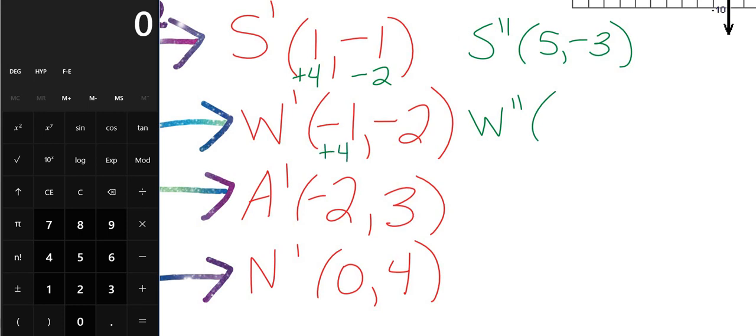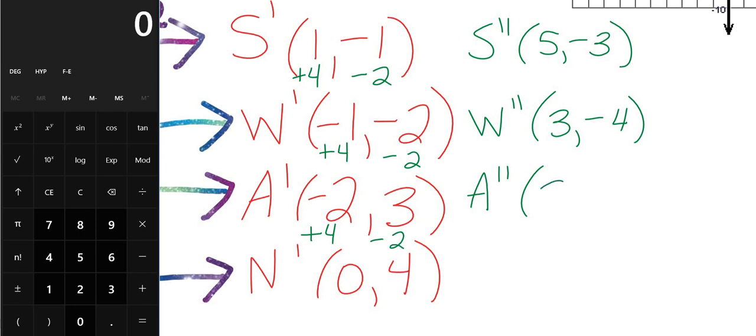Add 4, subtract 2. -1 plus 4 is 3, -2 minus 2 is -4. A double prime. Add 4, subtract 2. -2 plus 4 is 2, 3 minus 2 is 1. N. You know how to do it. I don't need to say it out loud.